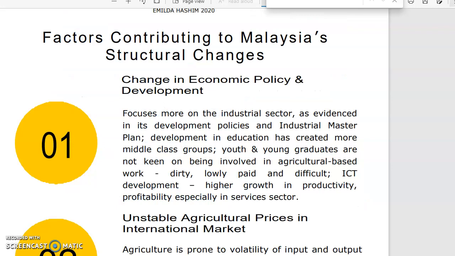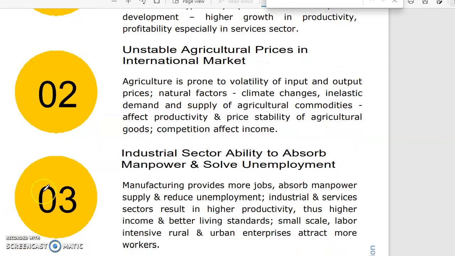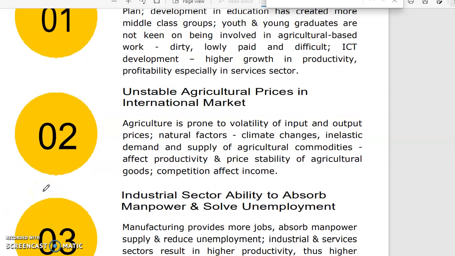Now let's take a look at the factors contributing to the nation's structural change. First is the change in economic policy and development. We focused more on the industrial sector, and we also had the Industrial Master Plan. We also had ICT development, which brought growth in productivity. Second, we have unstable agricultural prices in the international market.